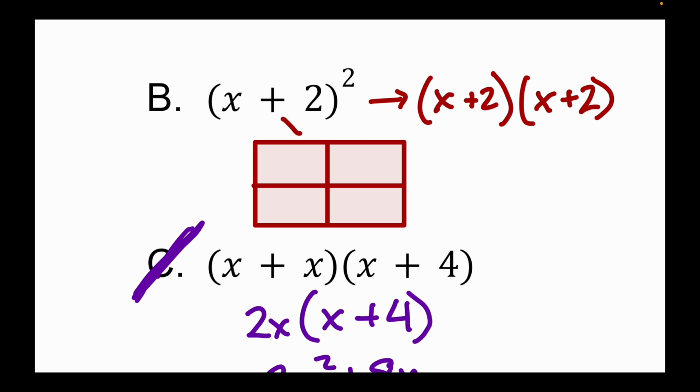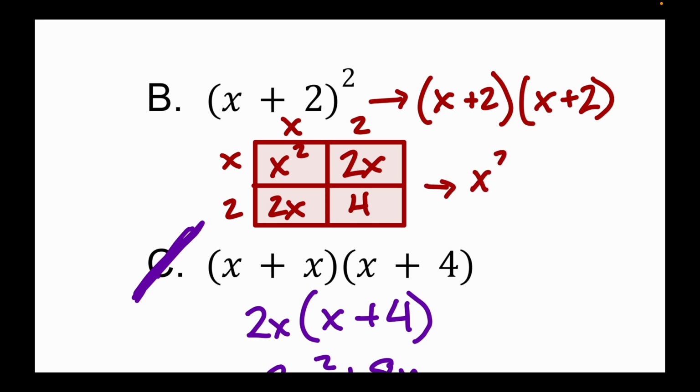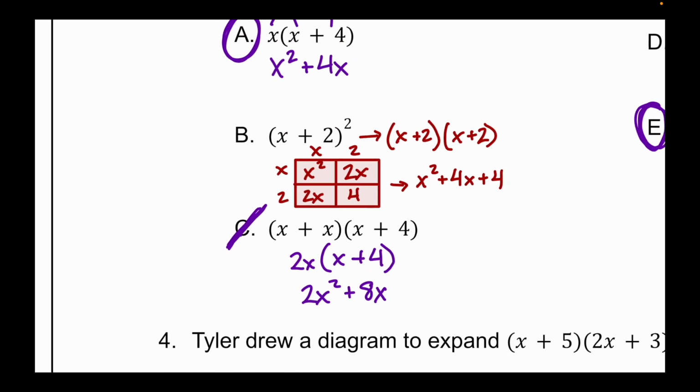So this is what we really have, x plus 2 and x plus 2. So that makes x squared, 2x, 2x, and 4. And if I add all of those up, it becomes x squared plus 4x plus 4. So B is not a correct answer because we have this extra plus 4 on the end.